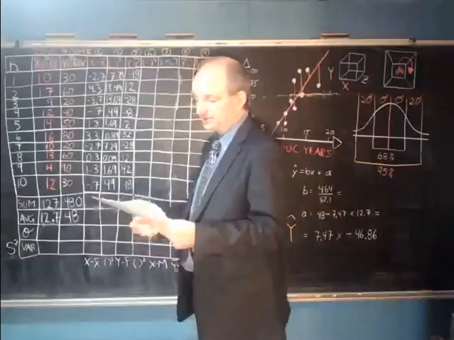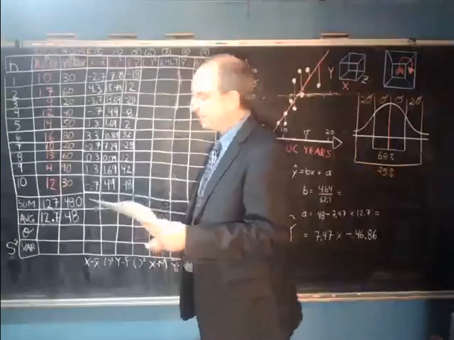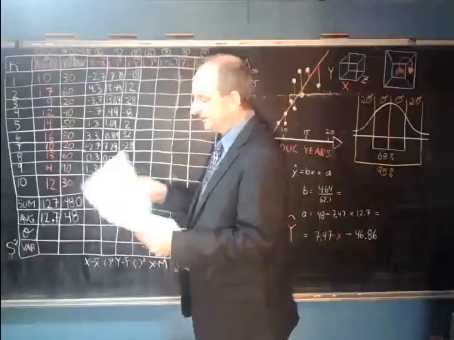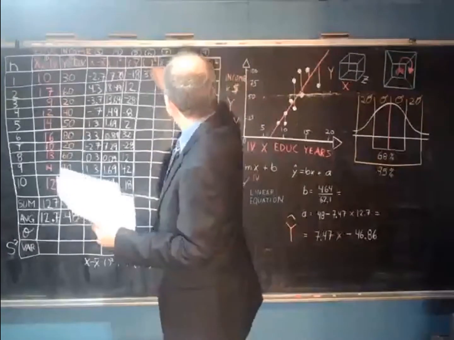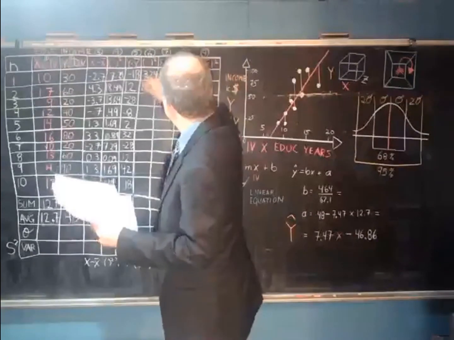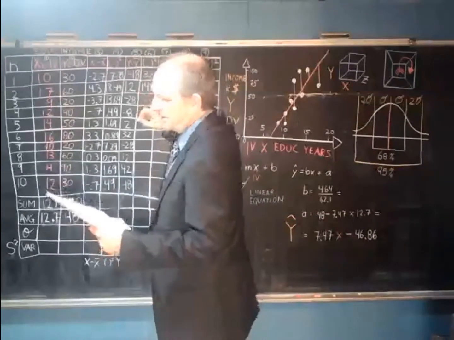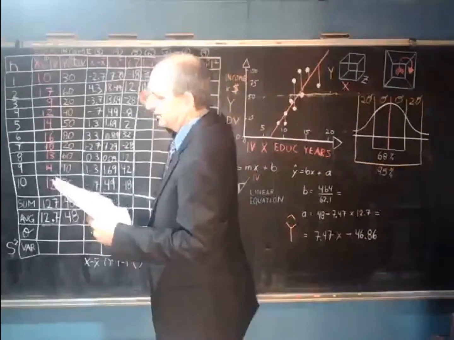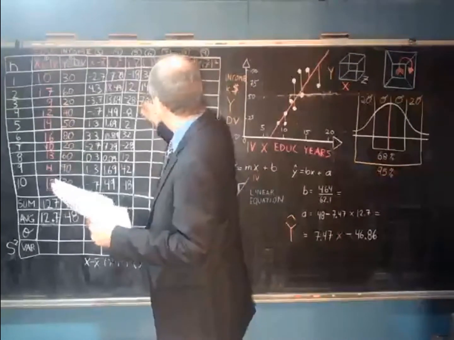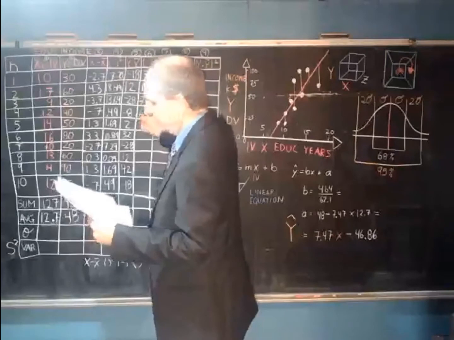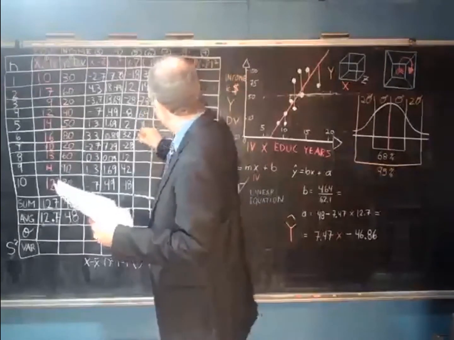So we have minus 18 squared. 18 times 18 is going to give us 324. Of course, 12 times 12, you guys remember your times tables, is 144. Minus 28 times minus 28 is 784. Minus 8 times minus 8 is 64. 2 times 2 is 4. 32 squared is 1024.